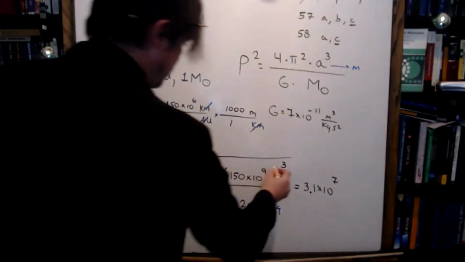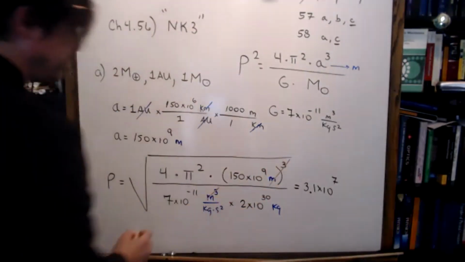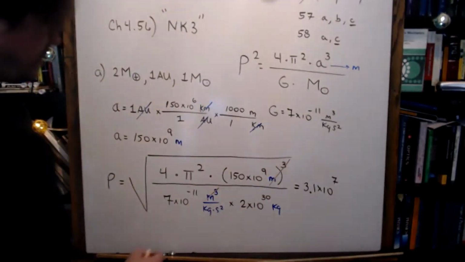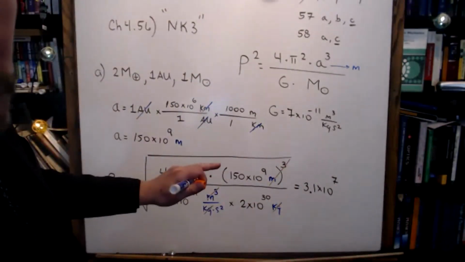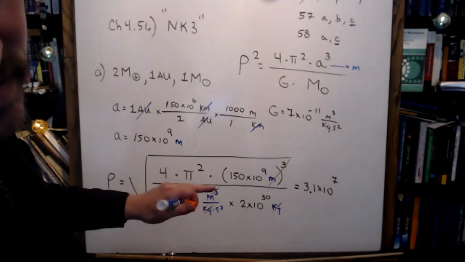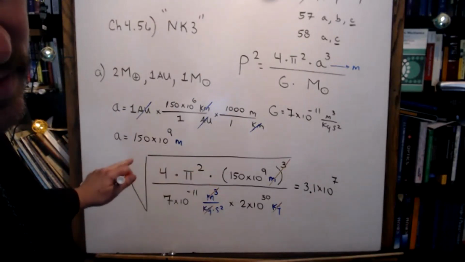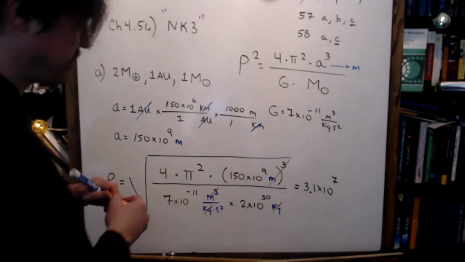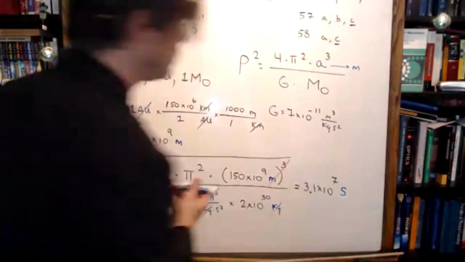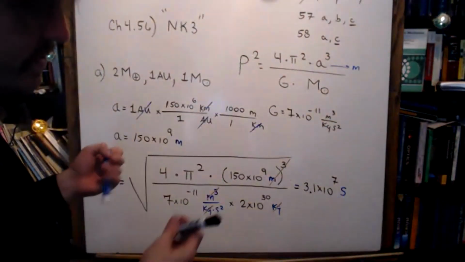Meters cubed cancels with meters cubed. Kilograms cancels with kilograms. 1 divided by 1 over seconds squared is seconds squared. And then the square root of seconds squared is just seconds. That's our answer.